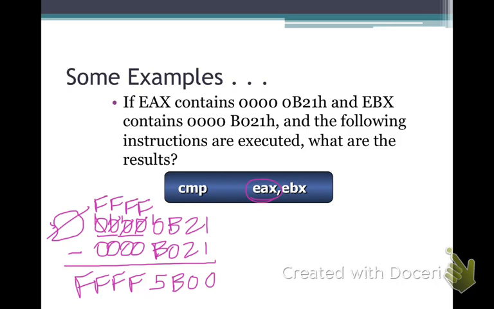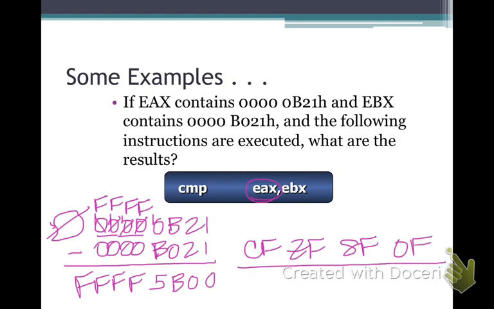So let's look at what happened. I've got carry flag, zero flag, sign flag, overflow. Carry out. I borrowed from beyond our fixed length, so a carry is generated in the corresponding addition problem.